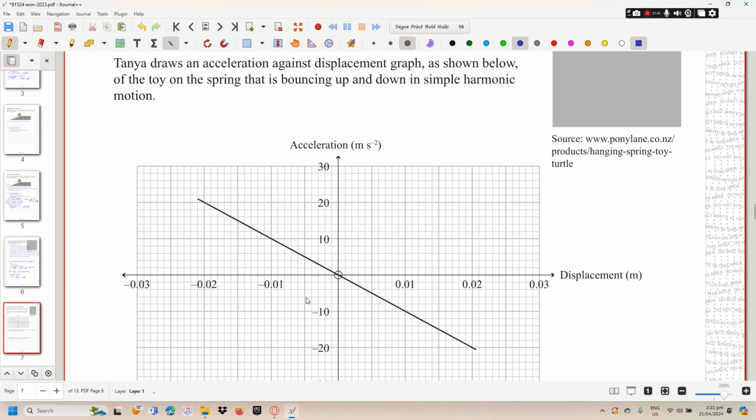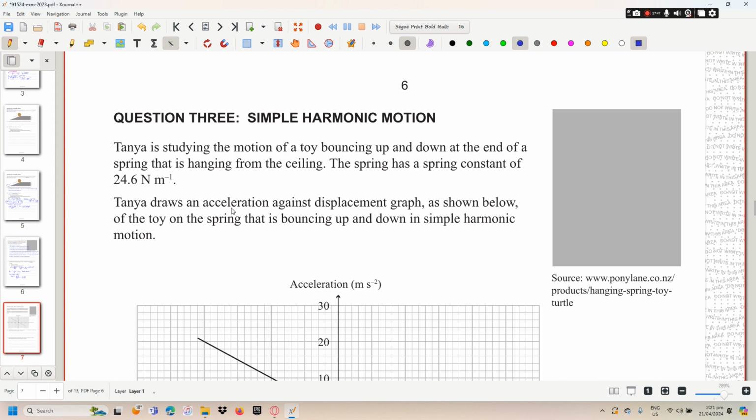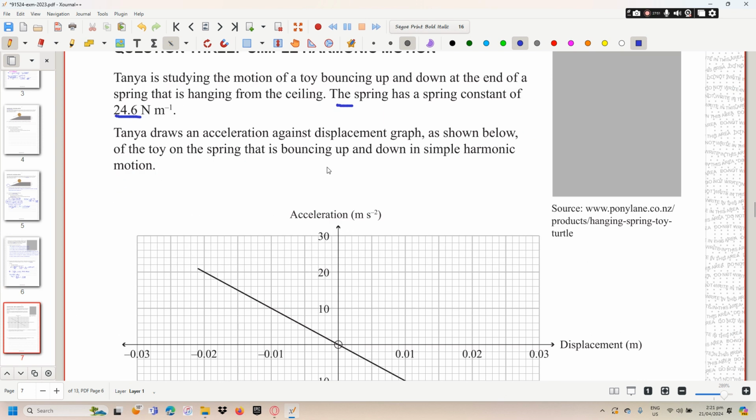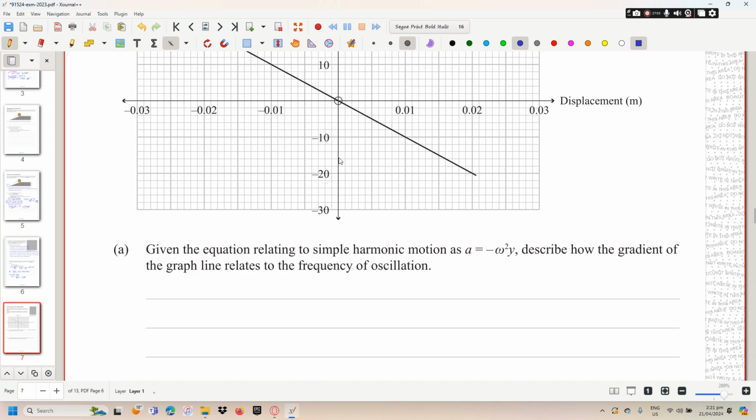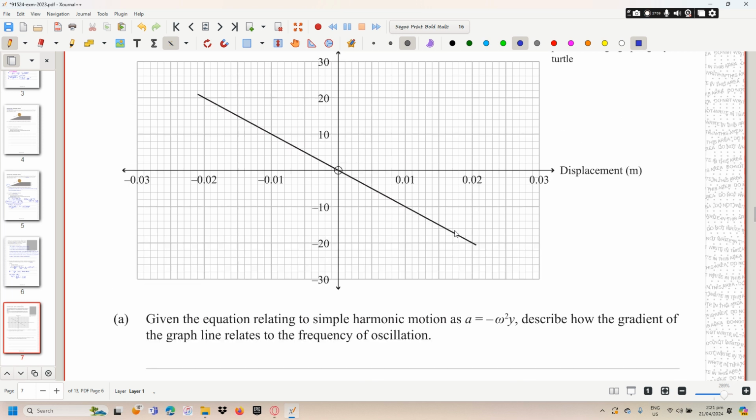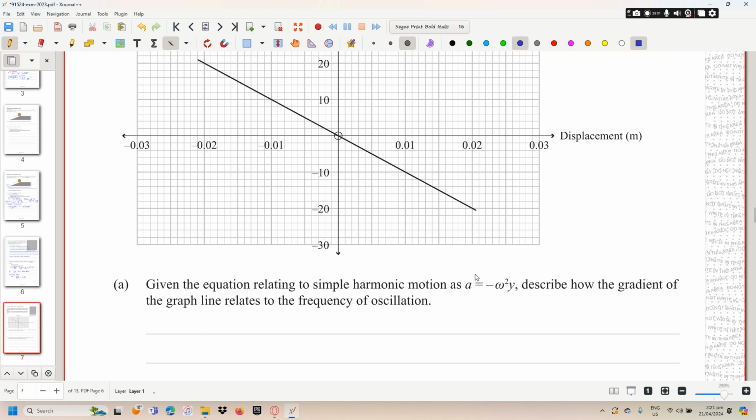Okay, cool. Simple harmonic motion. The spring has a spring constant of 24.6 newtons per meter. Given the equation relating simple harmonic motion as acceleration equals negative angular velocity squared times y, describe how the gradient of the line relates to the frequency of oscillation.